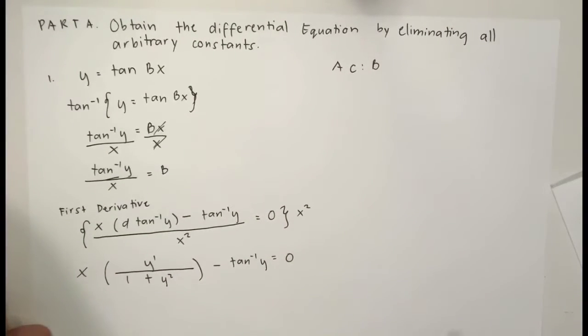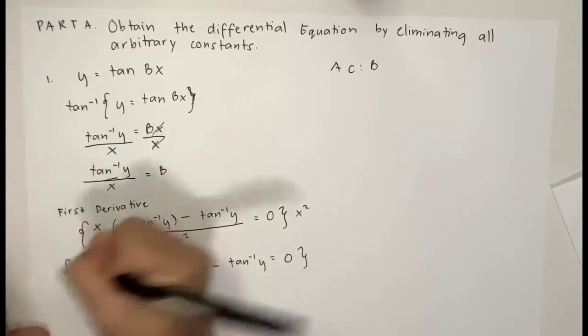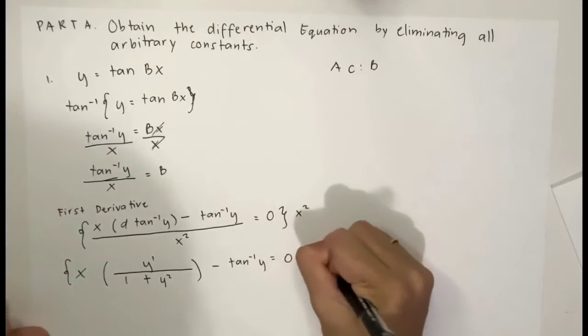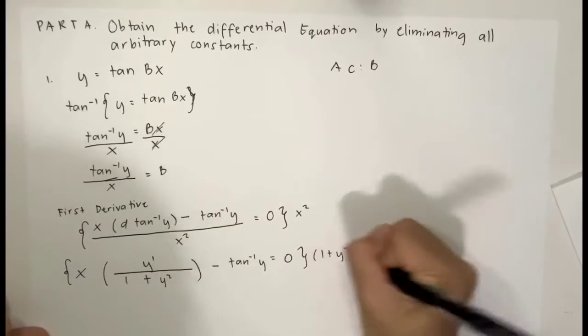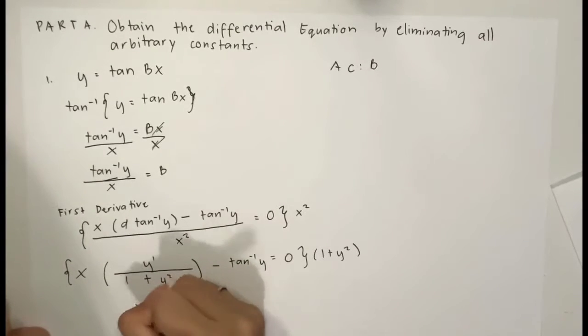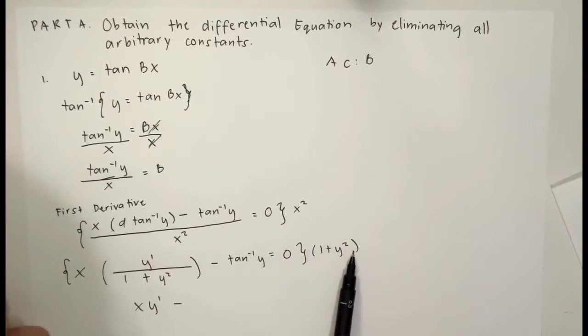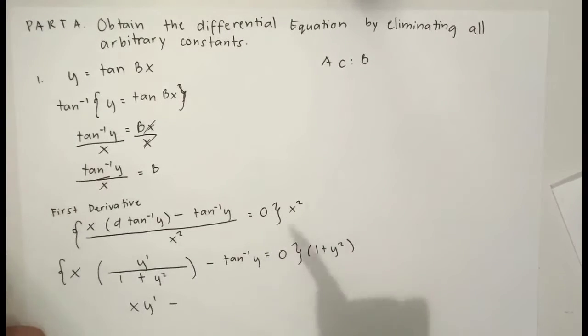And then, to simplify this more, we will multiply the equation again by 1 plus y squared. So, here, x times y prime. So, cancel na to. Minus, so 1 plus y squared times our arctan y.